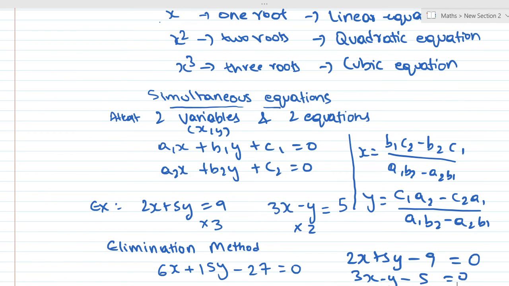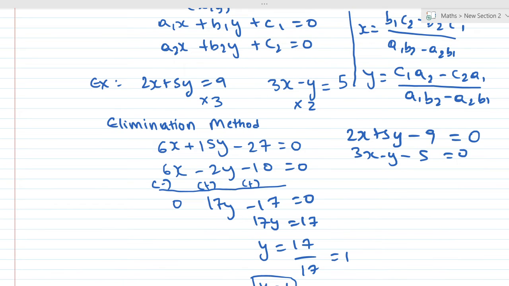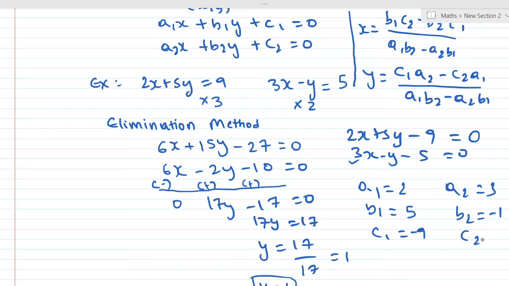So please tell me the value of a1, b1, c1. a1 equals 2, b1 equals 5, c1 equals minus 9. a2 equals 3, b2 equals minus 1, c2 equals minus 5. So if you substitute these values in the equation, you will get it.